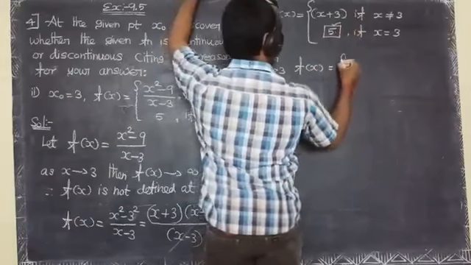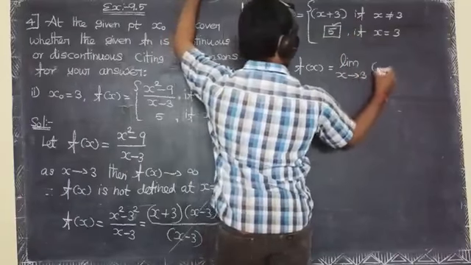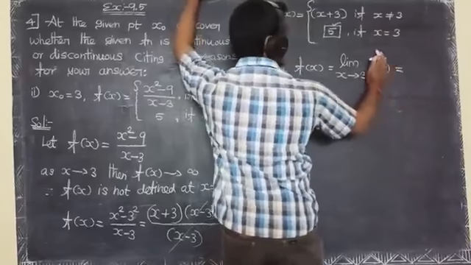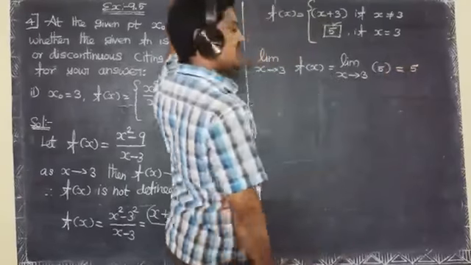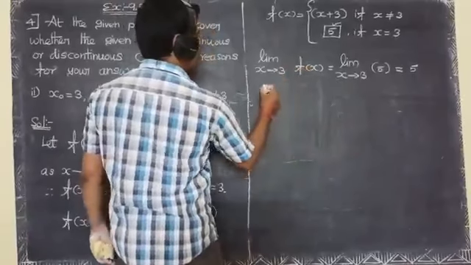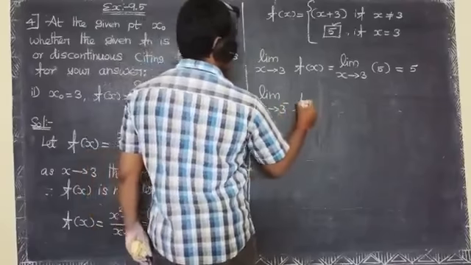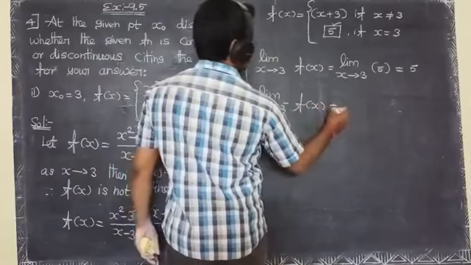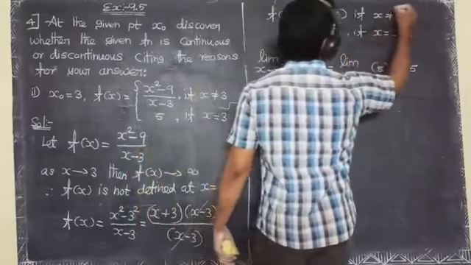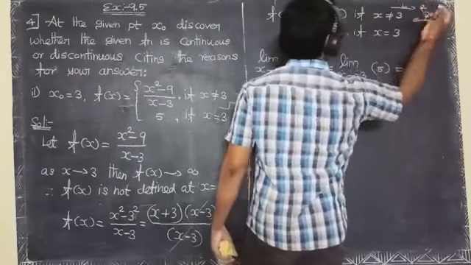That is, limit as x approaches 3, the function is the constant 5, then the result is 5. To find the left and right limits, x approaches 3 minus and 3 plus of f of x.